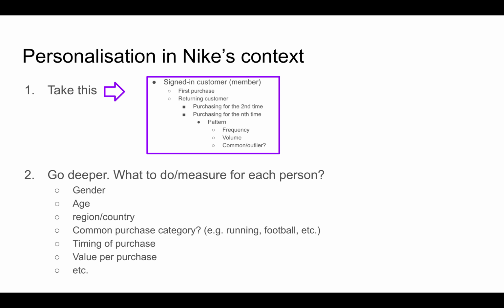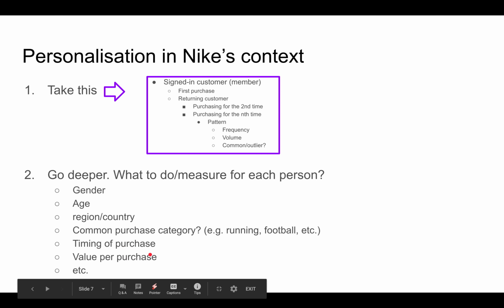Maybe, I'm just thinking out loud, maybe yes, maybe no. And based on that behavior that is tied to the category of what you're doing, there might be higher or lower value. For example, maybe some sports are more expensive than others when it comes to buying equipment. And there's also timing of purchase, value of purchase, things like this.